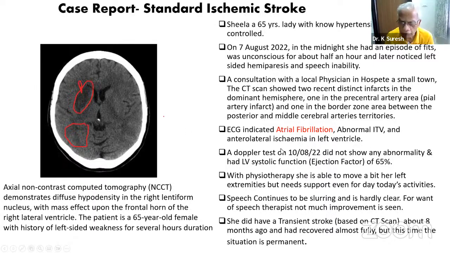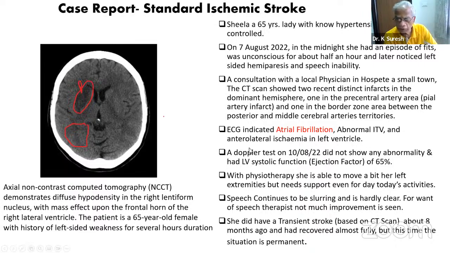The ECG indicated atrial fibrillation with abnormal ITB and anterolateral ischemia in the left ventricle. A Doppler test done on the 10th of the same month did not show any abnormality, and the systolic function or ejection fraction was 65%. That means the heart was normal.